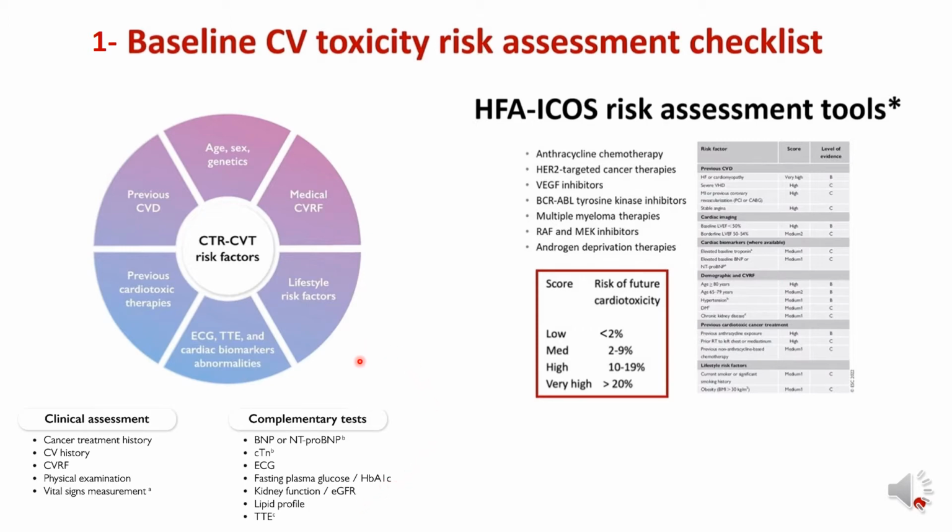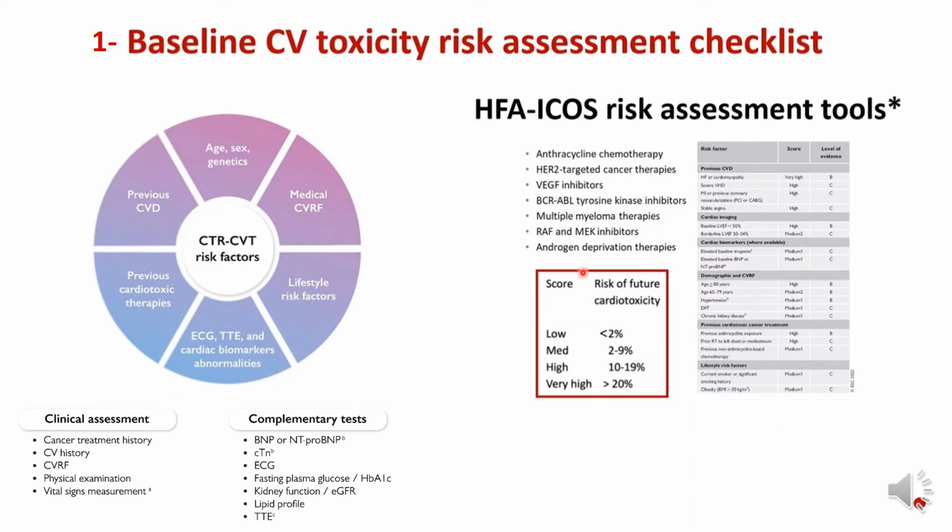After we gather all this data, we put it in this risk assessment tool, which is HFA-ICOS, which stands for Heart Failure Association of International Cardio-Oncology Society. Simply, the variables are what we just talked about: the clinical risk factors, the previous cardiovascular disease, and the data gathered from ECG, echo, and biomarkers.